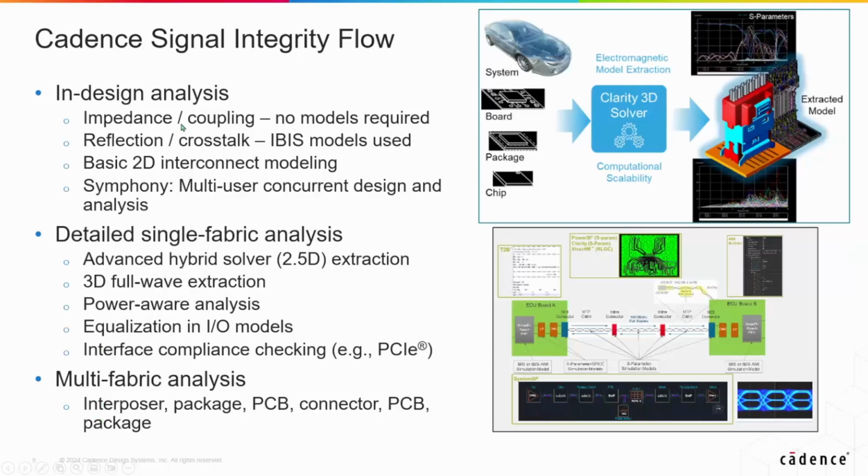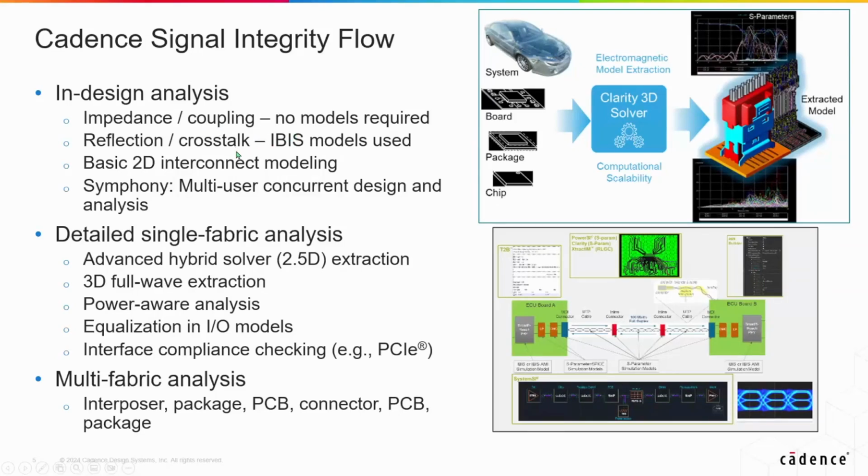For IDA, impedance and coupling, the most basic technology, lets you look very early to see if you've created situations where signals are routed too close together, or routed over gaps in power planes. You've created impedance discontinuities. There are no models required to detect those kinds of problems.